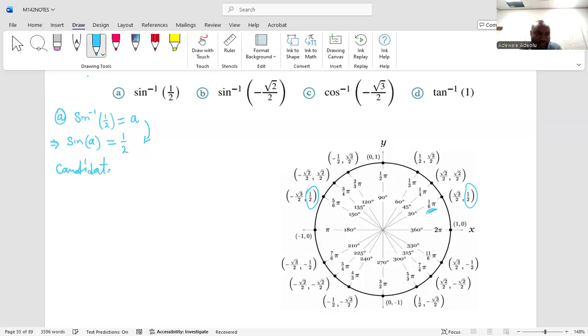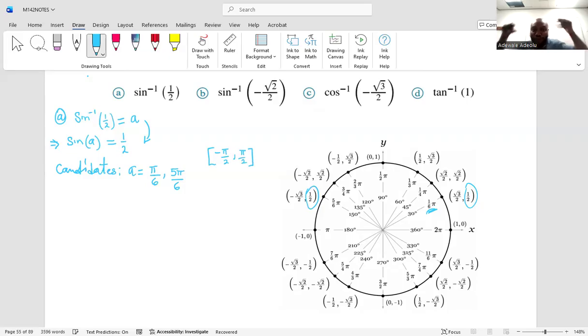The candidates for A are pi over 6 and the other one, 5 pi over 6. But now, how do we know the real one? That takes us back to our restricted domain. Remember that sine inverse is defined on this domain, negative pi over 2 to pi over 2.